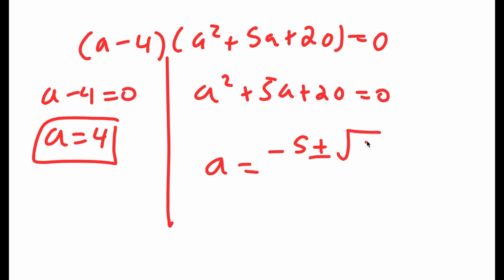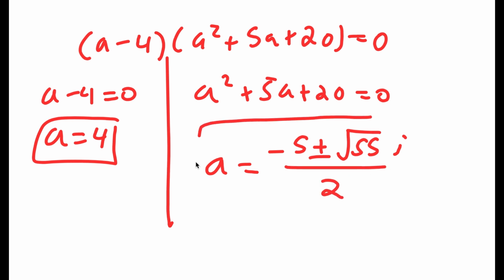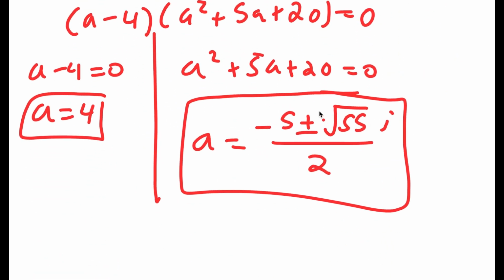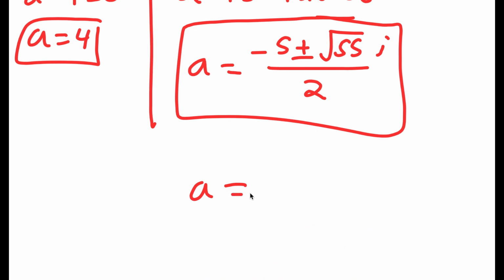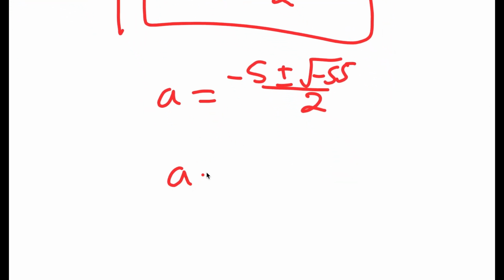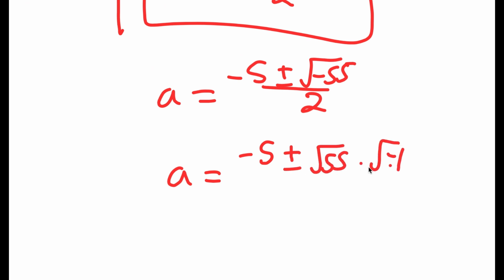minus the square root of 55i over 2. Actually, what you should get is a equals negative 5 plus or minus the square root of negative 55 over 2. And the square root of negative 55, I can rewrite as the square root of 55 times the square root of negative 1.